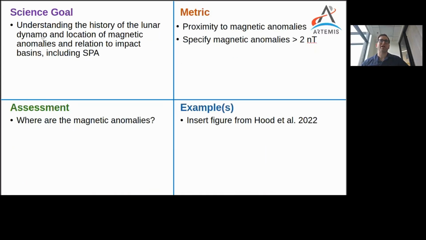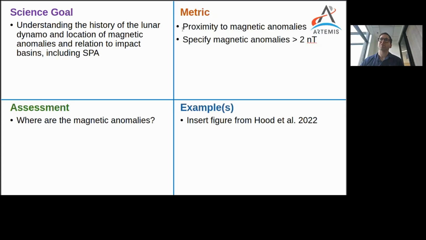And then finally, there was another science goal of looking at the history of the lunar dynamo, and particularly magnetic anomalies in potential relation to impact basins, including SPA. So SPA anomalies have been suggested to be related to the formation of the SPA basin, and so better understanding those anomalies could provide insight into the formation of SPA, as well as the history of the lunar dynamo as a whole.